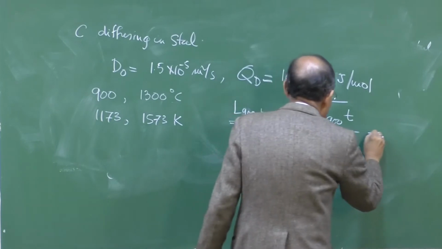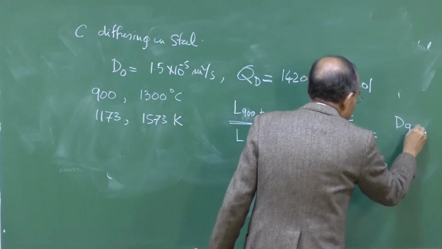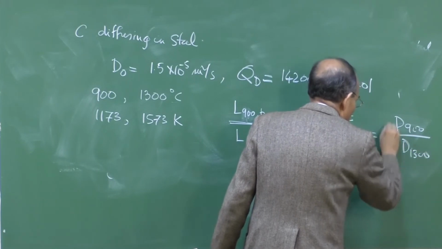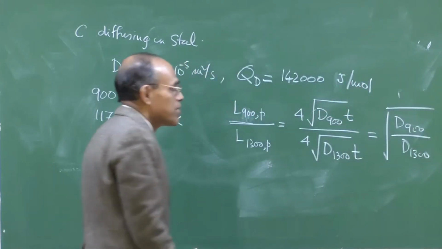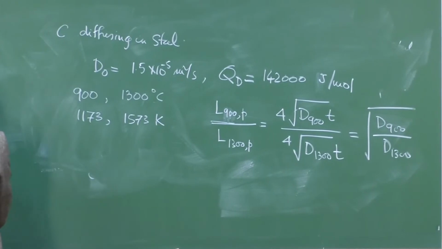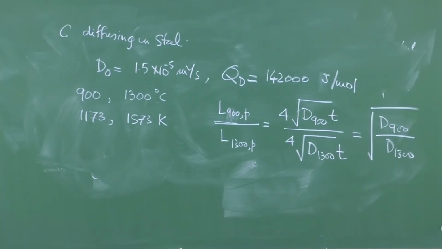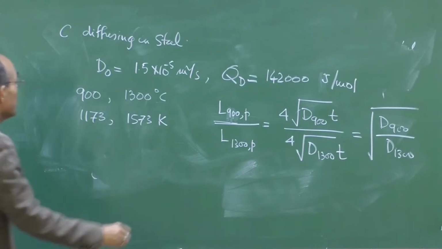So, therefore, this can be said to be square root of D900 by D1300. That is the relationship basically. And now, given this relationship, you should be able to first calculate the value of D.